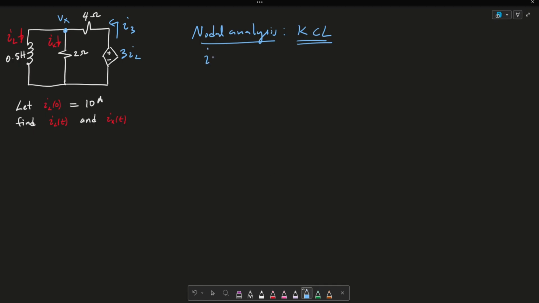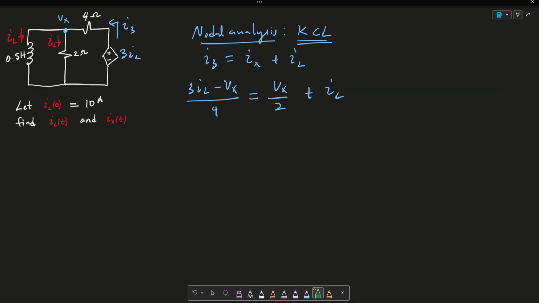And I'm going to say that I3 must equal ix plus iL. So what is I3? I3 is going to be (3iL minus Vx) over 4, which equals Vx over 2 plus iL.